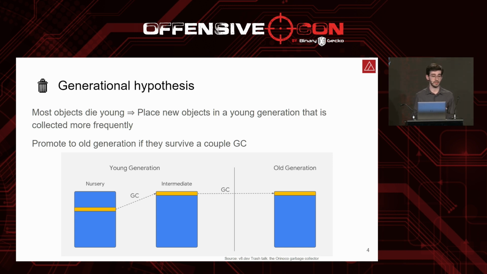And the idea is that the young space will be garbage collected much more often than the old space. The way it works is that initially, objects are allocated in the young generation, and if they survive for a couple of garbage collection cycles, they're promoted to the old generation.